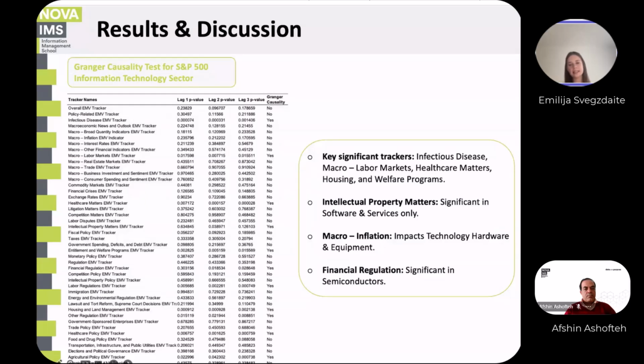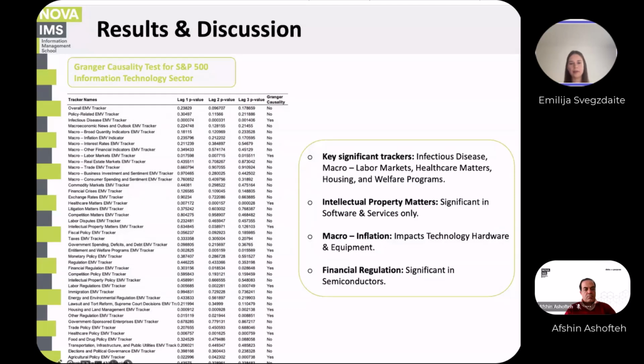This analysis provides insights for investment funds, helping them understand how specific subsectors or specific economic and regulatory developments can impact that sector, and how they could optimize their asset allocation.